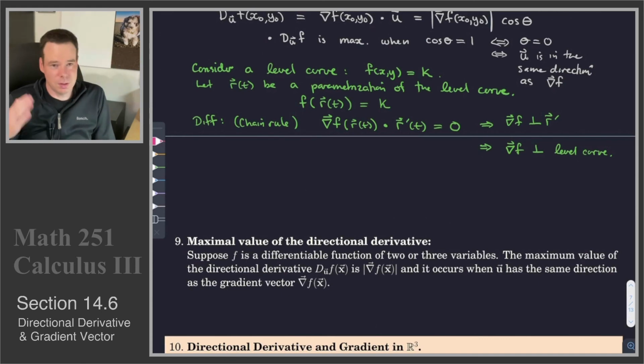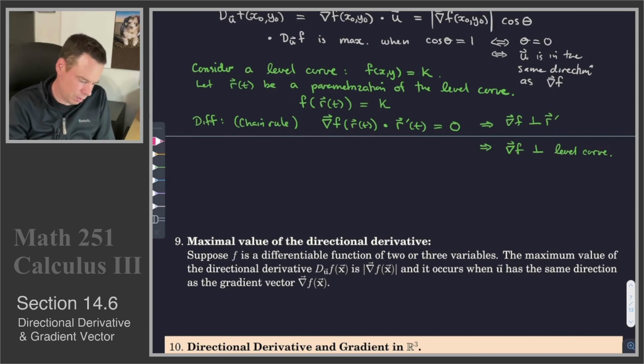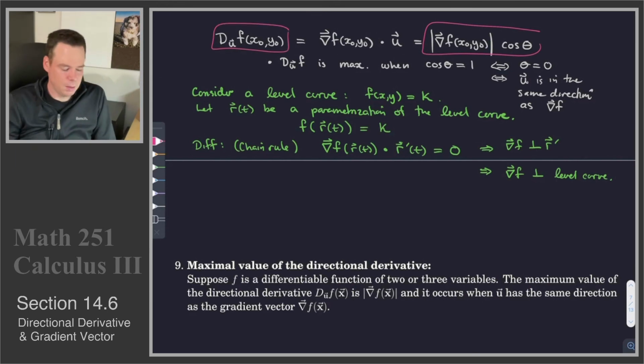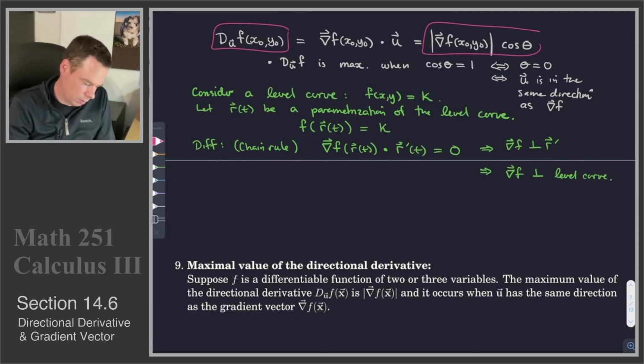So not only does the gradient vector point in the direction of maximum change, its magnitude is the maximum value of the directional derivative. And it occurs when u has the same direction as the gradient vector. So that's just summarizing what we got above. In fact, it's just summarizing this statement right here, that the directional derivative is the magnitude of the gradient times cosine, and that's as big as possible when theta is 0.